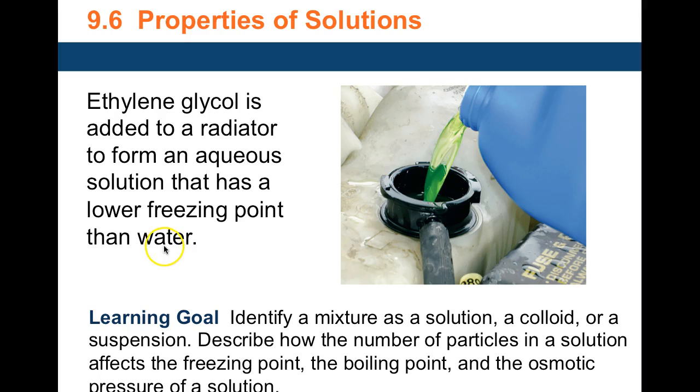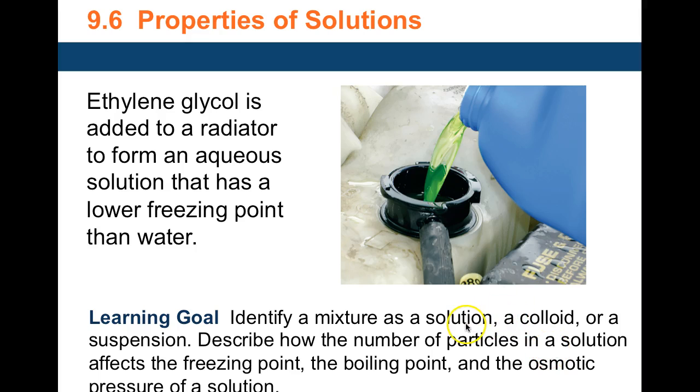Especially with respect to water, if you add either sodium chloride or ethylene glycol or any of these solutes, you either depress the freezing point or increase the boiling point. And it also depends on the number of particles that the solute forms in the solution.